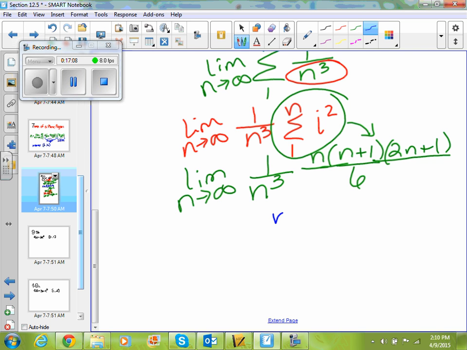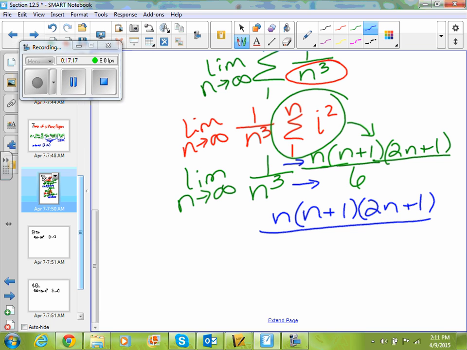Alright, so if I multiply straight across, the top part stays the same, n plus 1 times 2n plus 1. The bottom becomes 6n cubed.